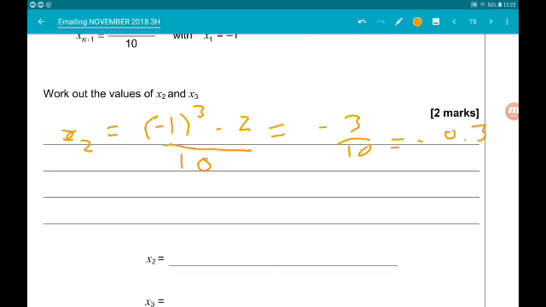Now for the xn, put ANS. So you're going to get ANS cubed minus 2 over 10. So to get x3, we would then need to press equals twice. If you press it once, you'll get minus 3/10, minus 0.3. Press it again, and you will get minus 0.2027.